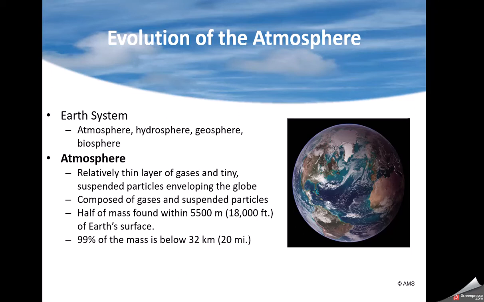And guess what? If you were to walk 18,000 feet, about 3 miles or so, you would actually reach half the way up through the atmosphere. And 99% of the atmosphere is below 20 miles. So think about that. As you're driving along, you travel 20 miles, you've covered the atmosphere's depth. Pretty small.